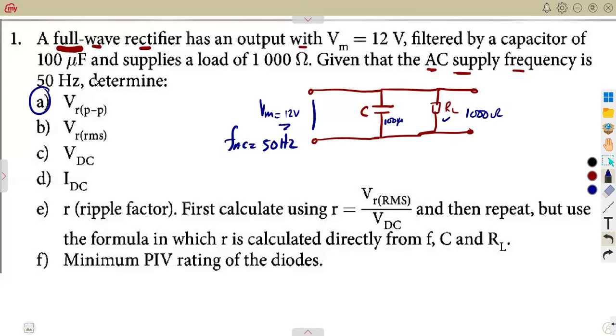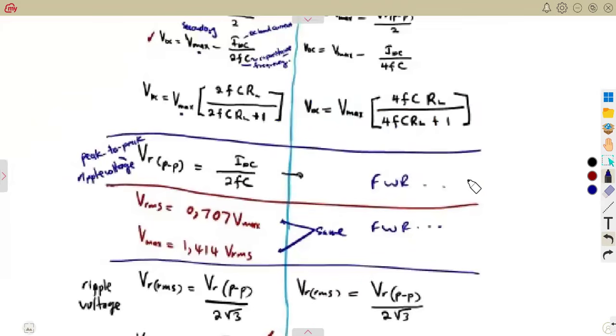All right, remember from our N4, it is like this, guys. You calculated this peak-to-peak ripple voltage from IDC over FC, if you still remember. But you're going to take into consideration that this is also used for a half wave and for a full wave.